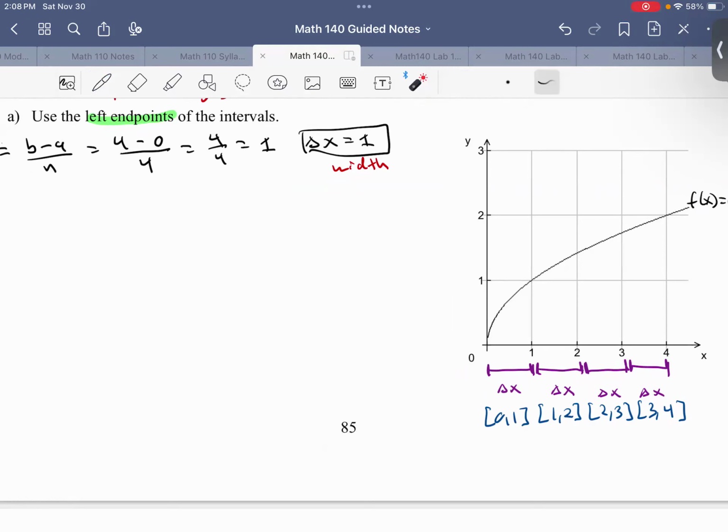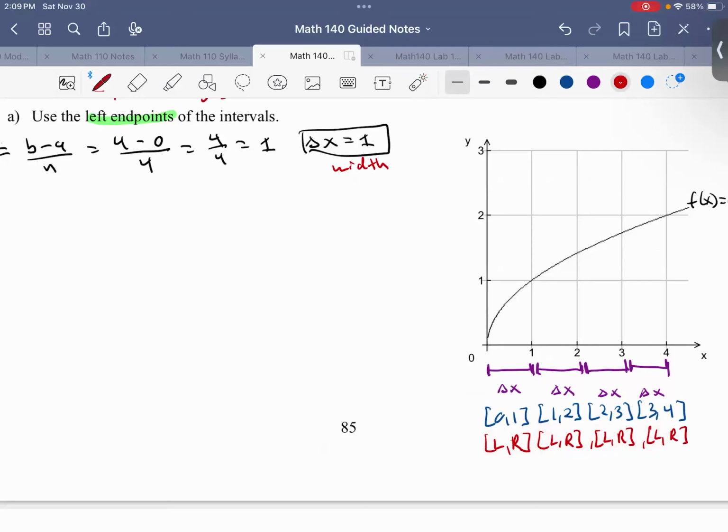Now let's look at what the question is asking us: left endpoints. That means the left endpoint of each subinterval. If we look at each subinterval, this is left endpoint, right endpoint. Left, right, left, right, left, right. So when it says use left endpoints, I'm going to choose the left endpoint of each subinterval.